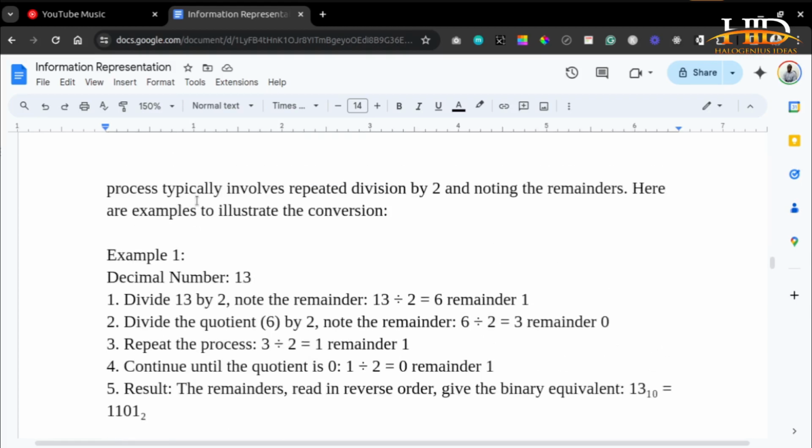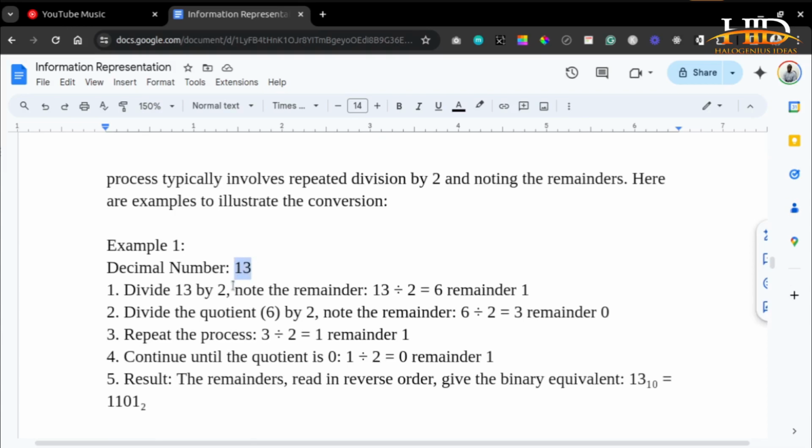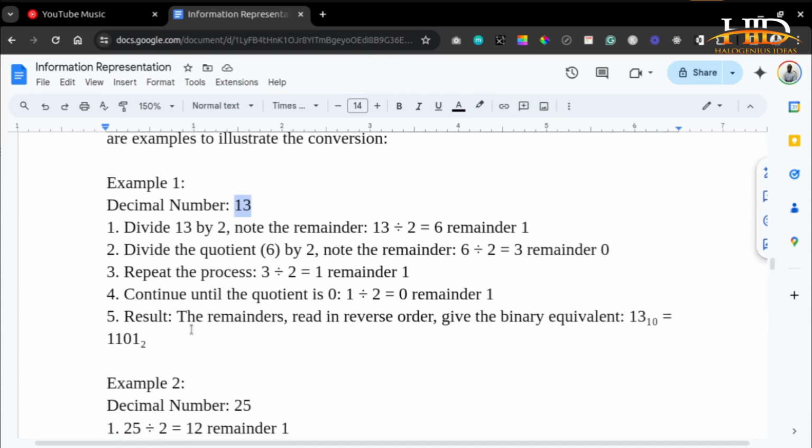So we have three examples actually. The first one, if I want to convert the decimal number 13 in base 10 to a number in base 2, the first thing I want to do is to divide 13 by 2. After dividing 13 by 2, I'm going to get 6 remainder 1. I will write down my remainder somewhere. Then I'll pick this quotient and divide by 2 again. I'm going to get 3 remainder 0.